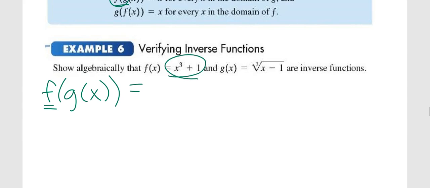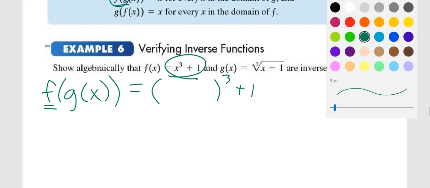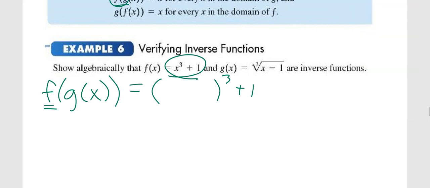What does it tell me to do to everything I put into it? It looks like it says raise it to the third power and add 1. Does that make sense? Raise it to the third power and add 1? If it doesn't, now would be a good time to... What are we plugging in?